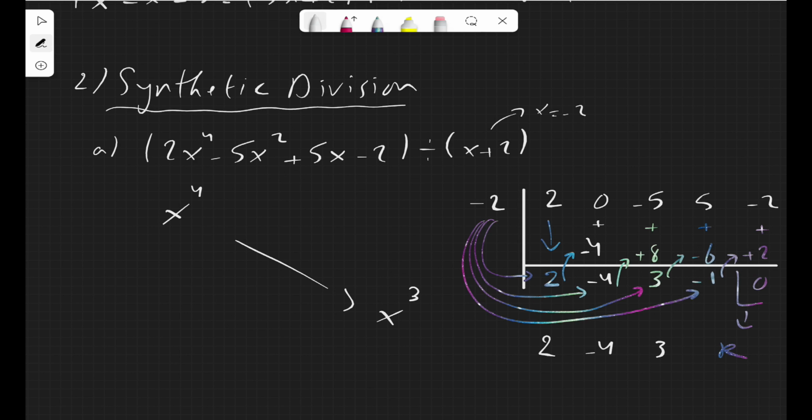So you're going to start your quotient with x to the power 3. So this is 2, the coefficient of x^3, negative 4, the coefficient of x^2, and 3, the coefficient of x, minus 1, so this is the quotient.